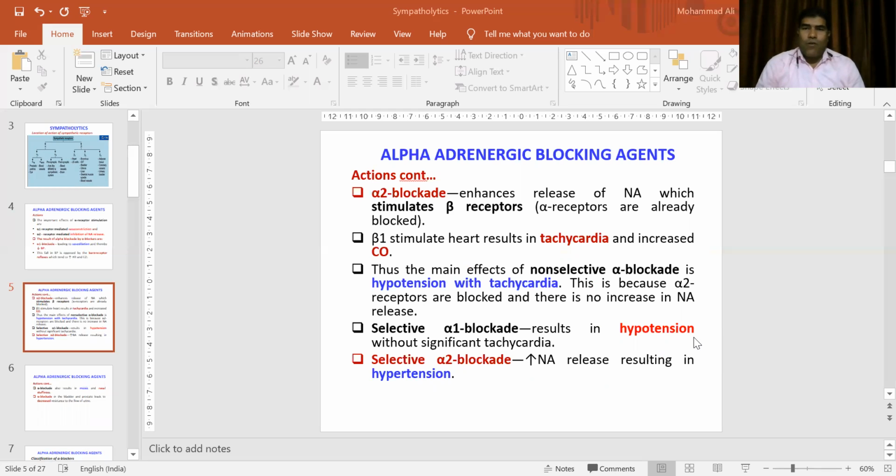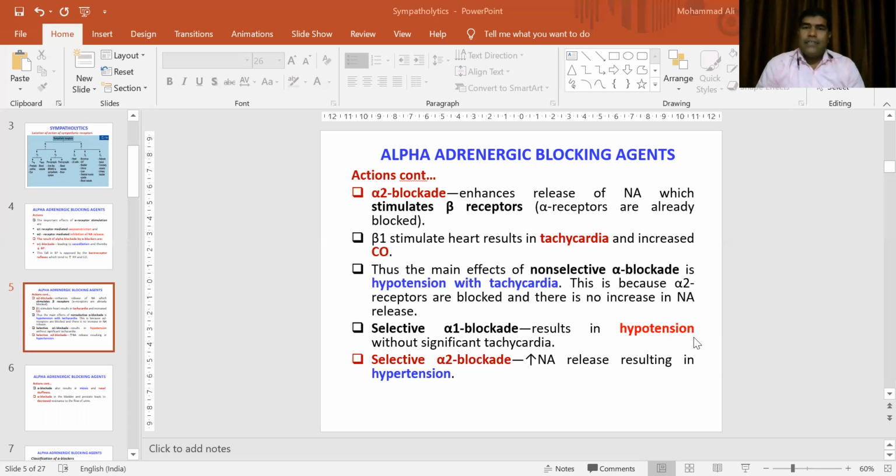Selective alpha 1 blockade results in hypotension without significant tachycardia. Whereas selective alpha 2 blockade increases the release of noradrenaline, resulting in hypertension.